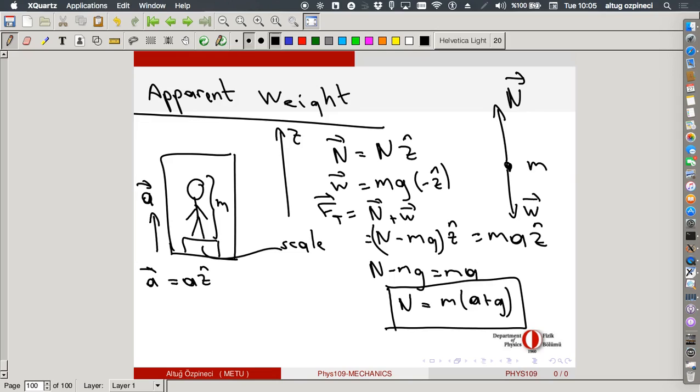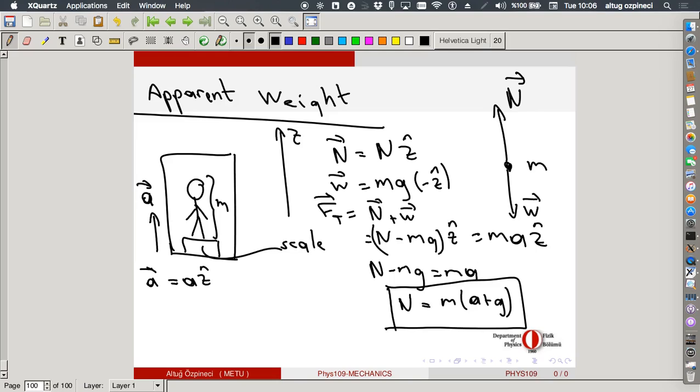We will appear heavier. You see, our mass is the same. Our mass is independent of the circumstances we are in. Whether we are in an elevator accelerating upward or whether we are on the moon, our mass is the same. It's independent of external properties. It's a characteristic of the object itself. It doesn't depend on the circumstances.